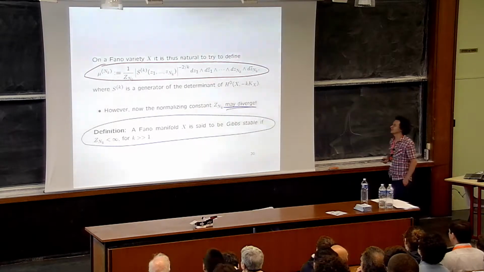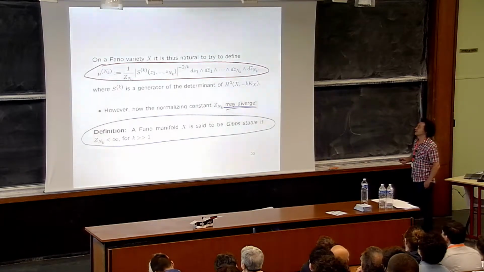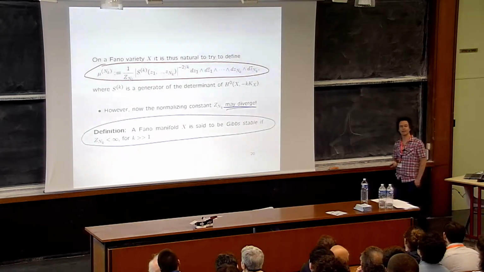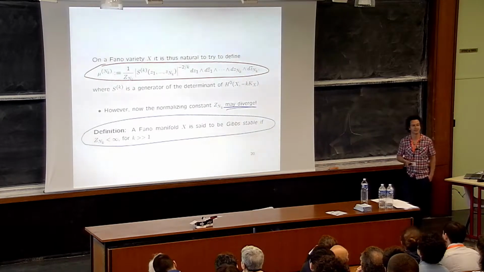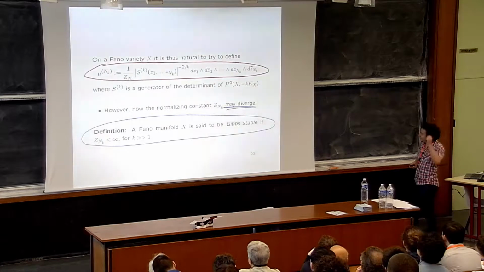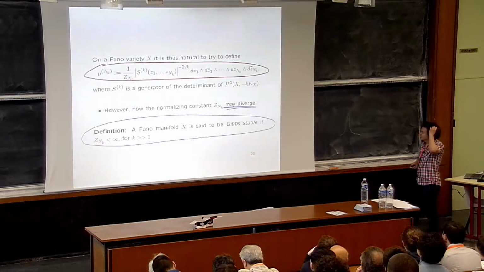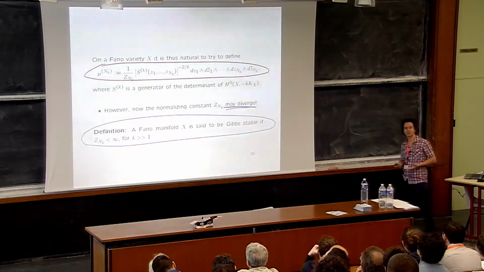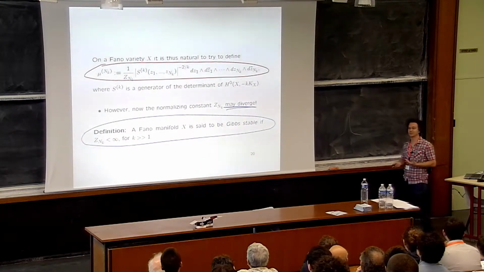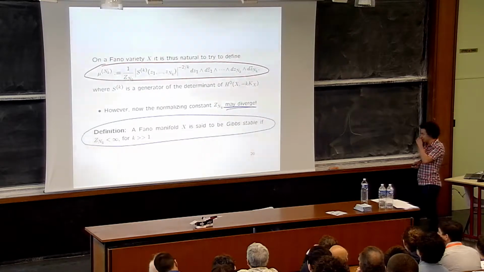The problem is that there is no reason that the normalizing constant should be finite now, because we're integrating 1 over a function which vanishes on a hypersurface, and it could very well diverge. Well, that's actually good news, I guess, because we need obstructions. Otherwise, things are working too smoothly because we know there is an obstruction, which is K-stability.